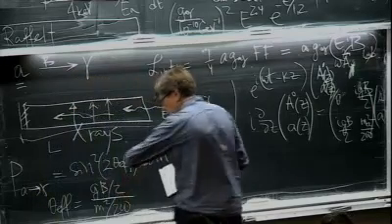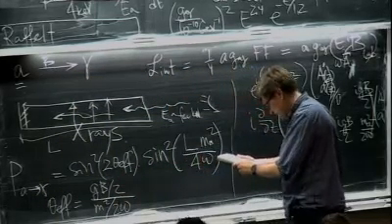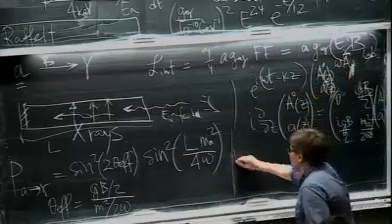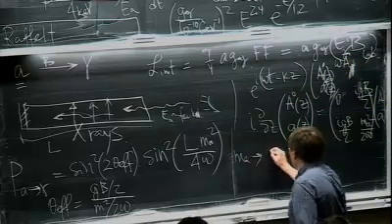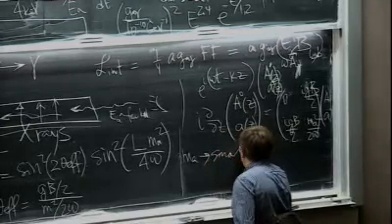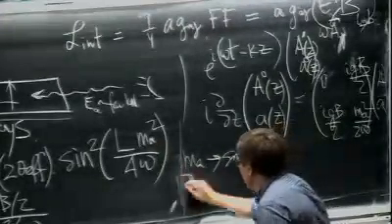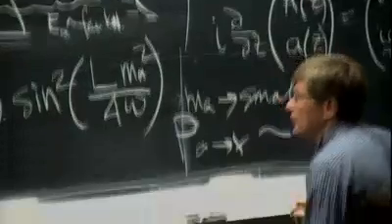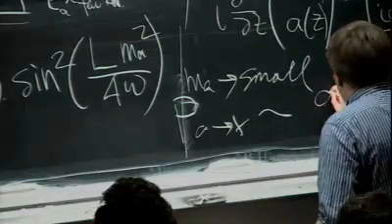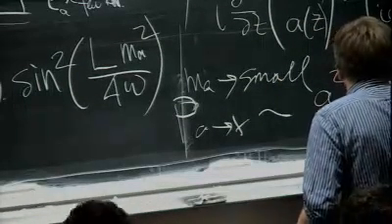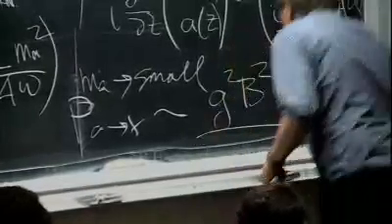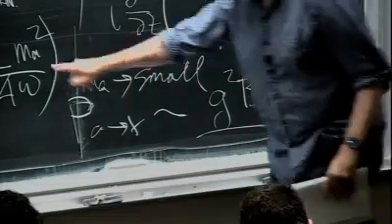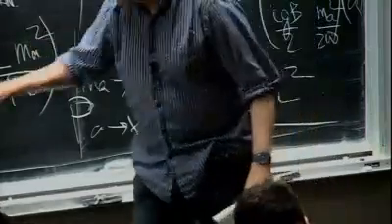All right. So now let me say that when the mass of the axion goes small, then this whole probability becomes proportional to g squared, B squared, L squared, because you can expand this, and m will cancel.